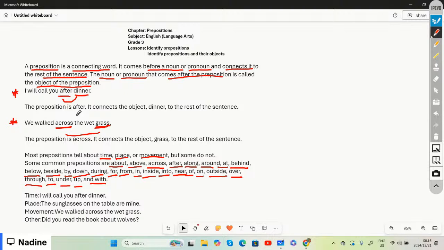And if we look at a few examples of either preposition of time, place, movement, or other, then our preposition of time says, I will call you after dinner. So it's like basically asking, when will you call me?